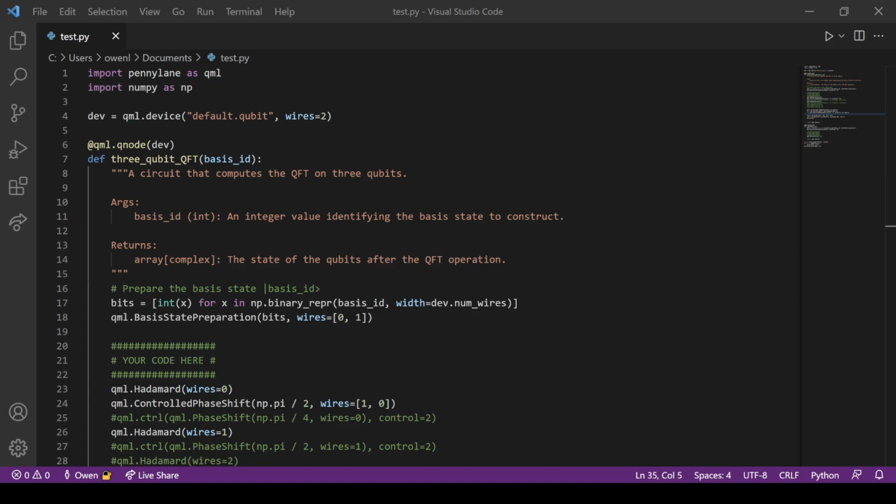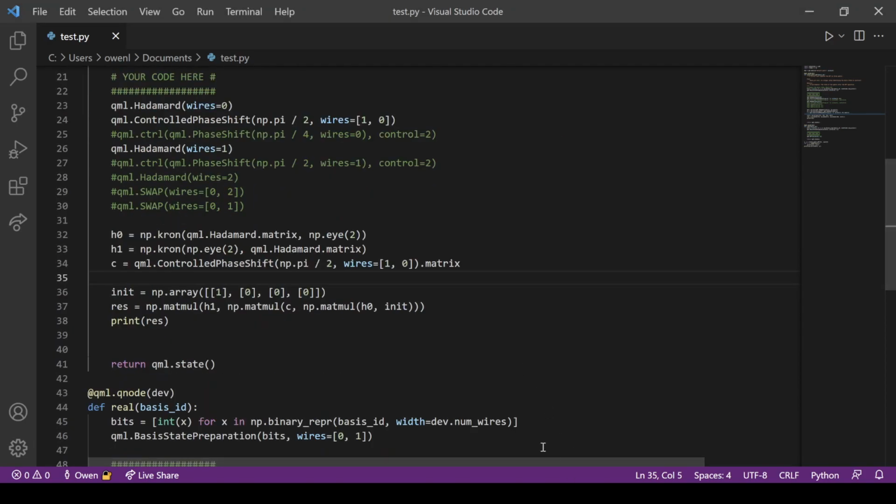Let me check what's going on, because something weird is definitely happening here. Okay, so once again, this time I'm not confused by the errors.